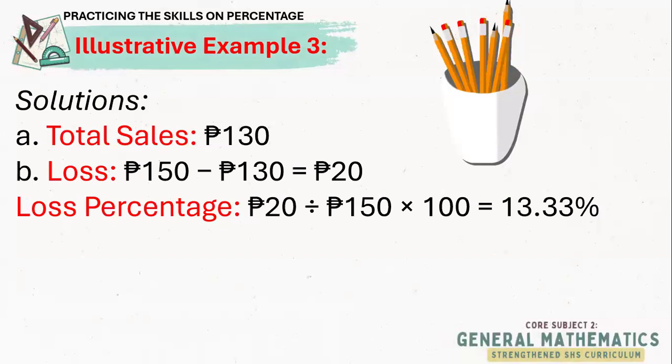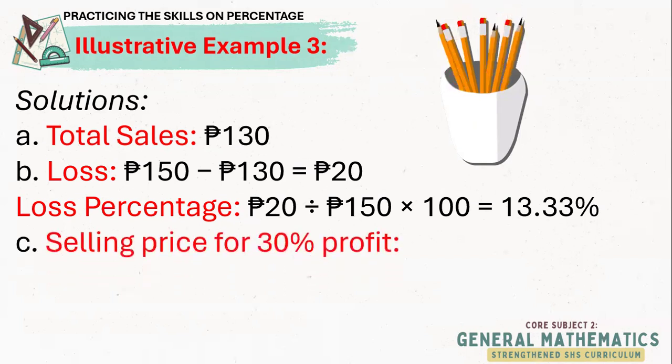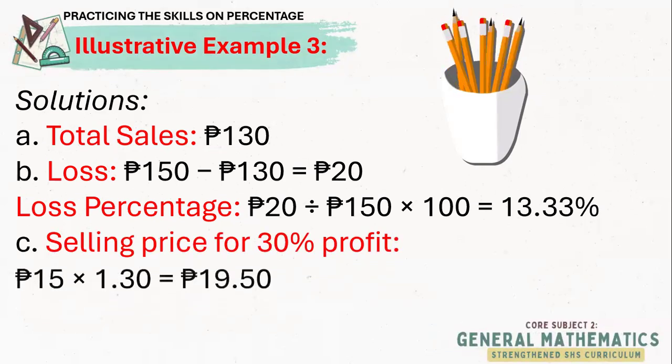So the percentage loss is a total of 13.33%. Now let's answer the target price if you want a markup of 30% for you to profit. So that's 15 times 1.3, that's 100% plus 30%. So the selling price should have been 19 pesos and 50 centavos and not 13 pesos.